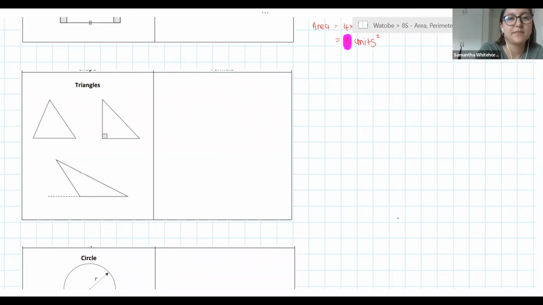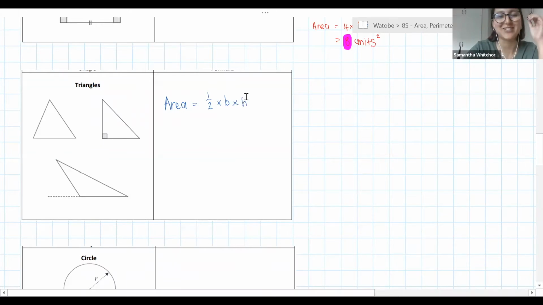Area is equal to half times base times height. Good, well done. Okay. So guys, area of a triangle is half base times height.